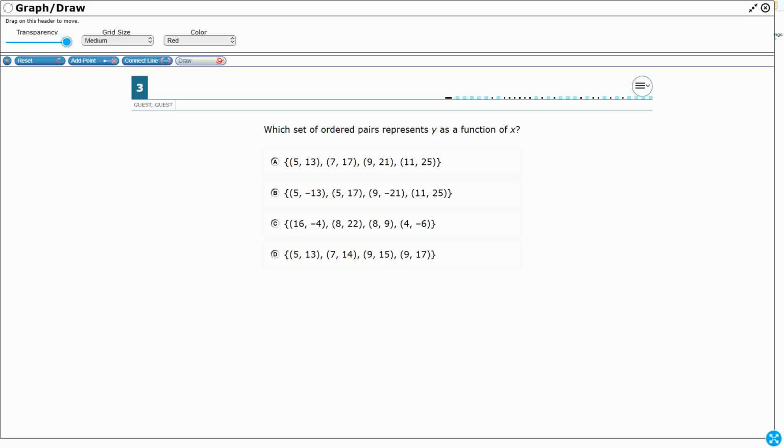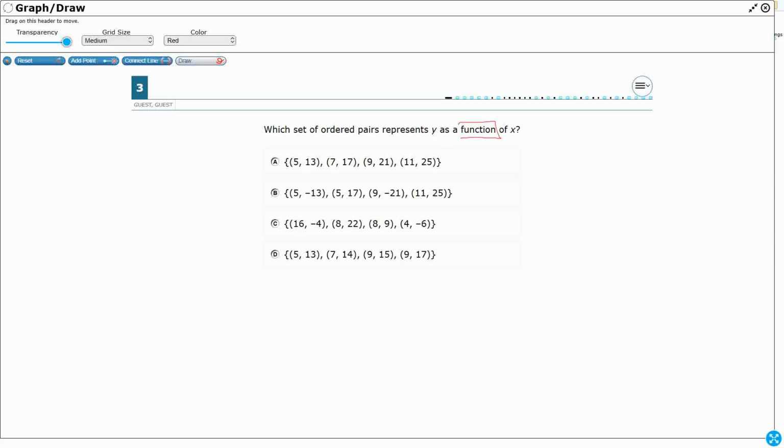All right, so we need to find a set of ordered pairs that represents y as a function of x. And this function is going to be very important. So we need to know what a function is, and it actually has a very specific definition.